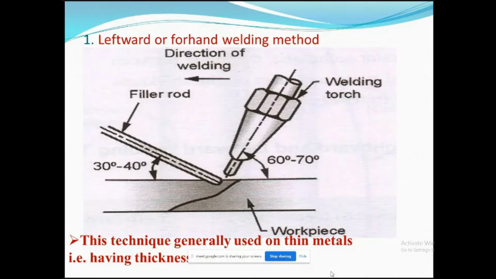Now see, the first one is the left hand or forward welding method. If you look at the figure, there is one welding torch, filler rod and workpiece.